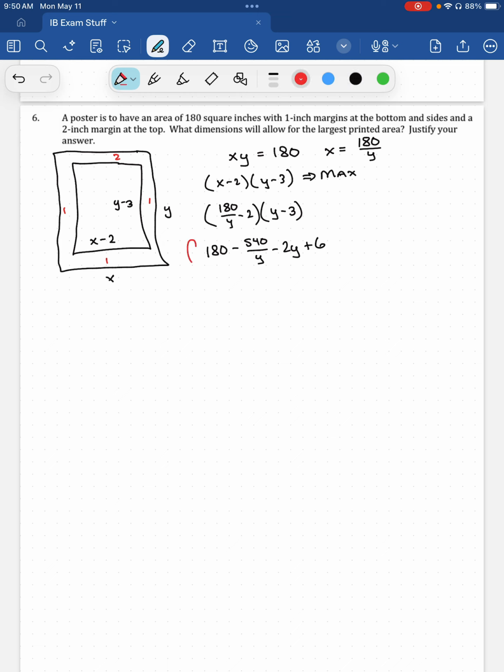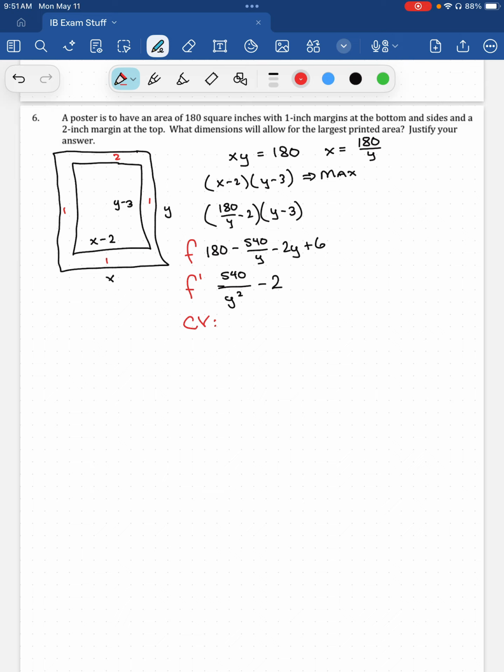From there, we're going to go ahead and find our derivative. Our derivative is going to equal: the 180 and the 6 go away, negative becomes positive, 540 over Y squared, and negative 2Y becomes minus 2. So my critical values are what would make this 0 and undefined.